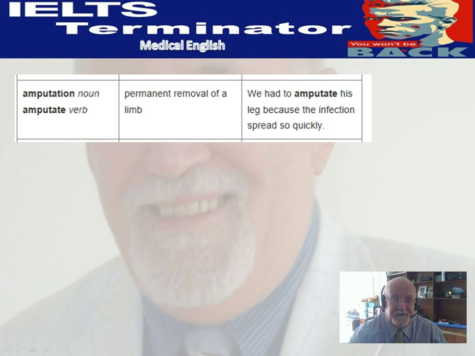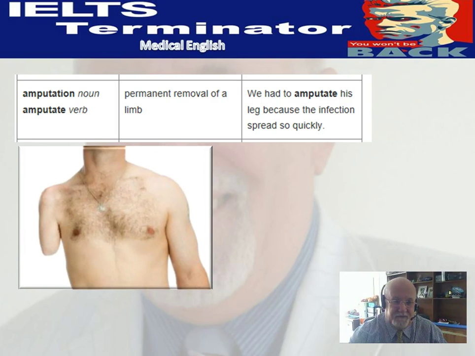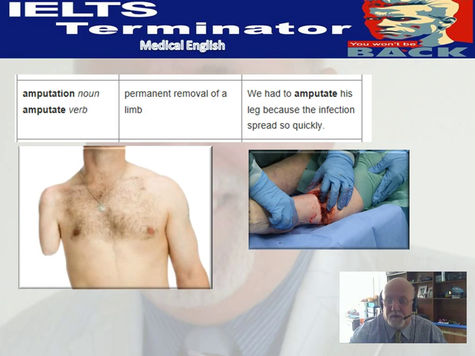Amputation is a noun, and to amputate is the verb. It's the permanent removal of a limb of the body. For example, an arm, a leg, a finger, a toe. You might hear it said like this: we had to amputate his leg because the infection spread so quickly.